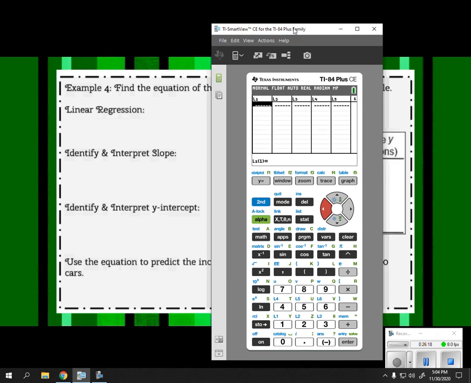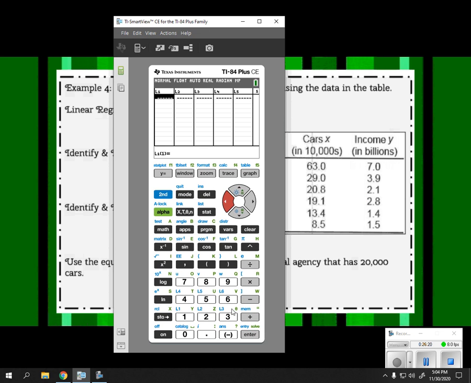So, skip the table. So we've got 63. 8.5. 7.